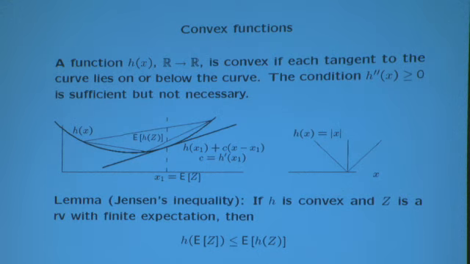For h of the expected value of Z, you just get this point right there, which is clearly smaller than anything you can generate out of that triangle or quadrilateral or any kind of straight line figure that you draw, which is the set of expected values you can get from probabilities using the points on that.